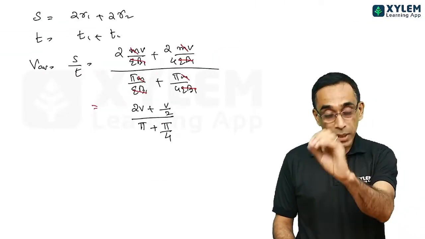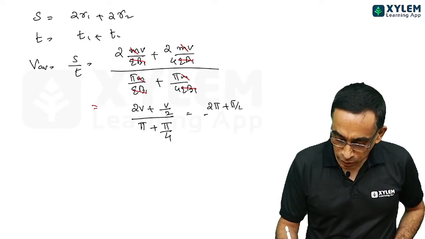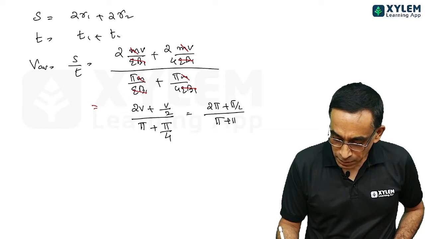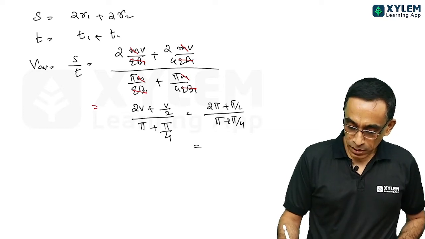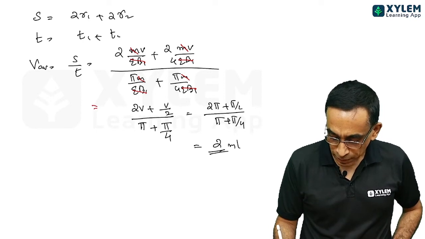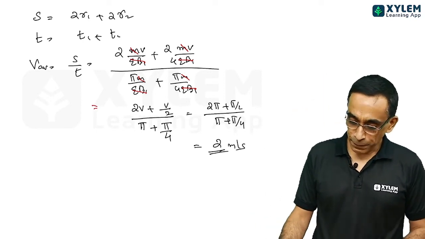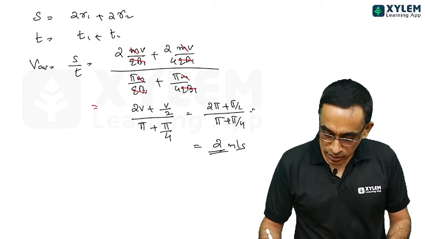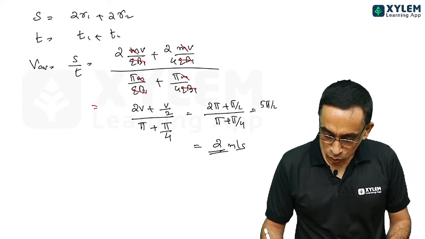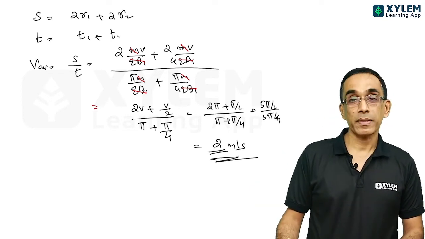The speed v is pi, so this is actually equal to 2 pi plus pi by 2, divided by pi plus pi by 4. That is 5 pi by 2 on top and 5 pi by 4 at the bottom. So this will give you 4 by 2, equal to 2 meters per second. That is the answer.